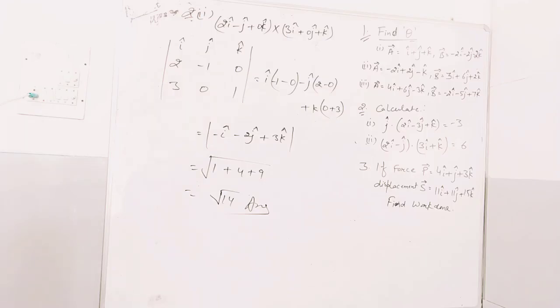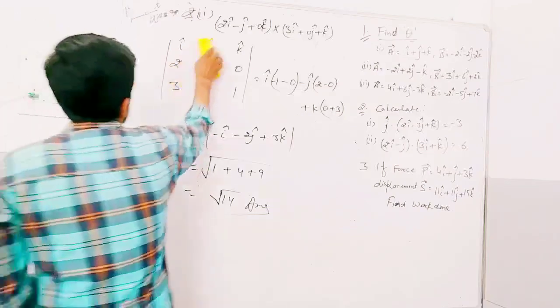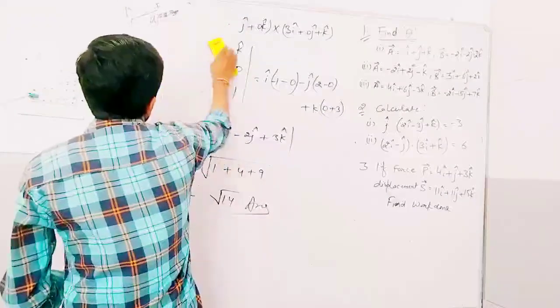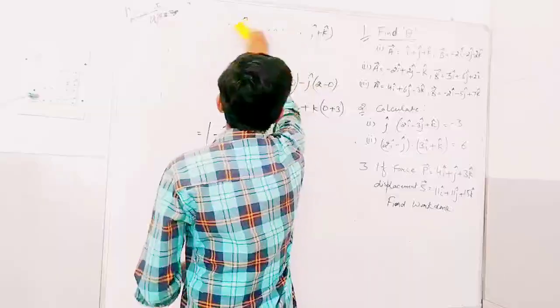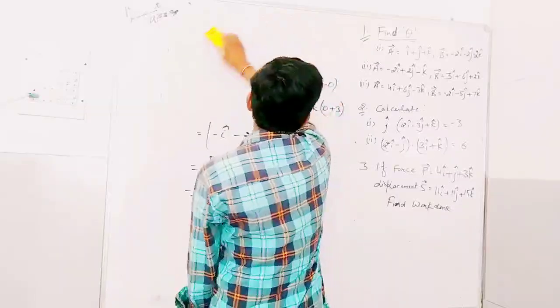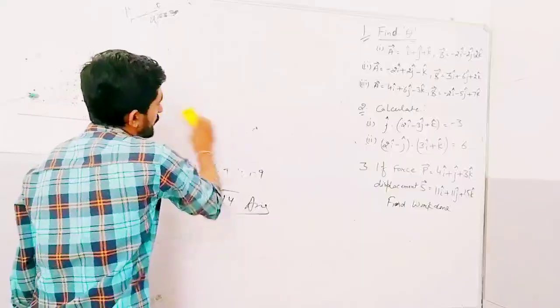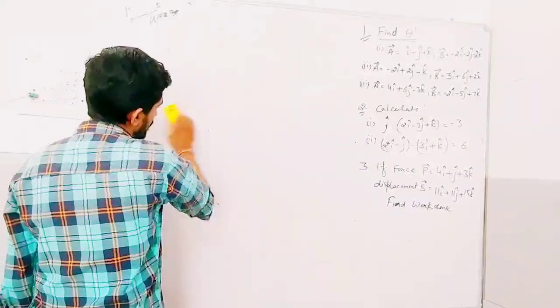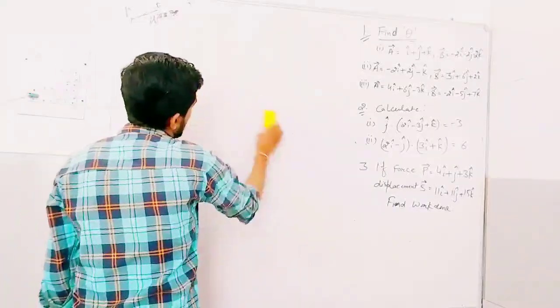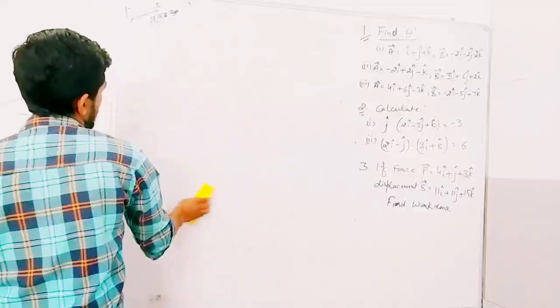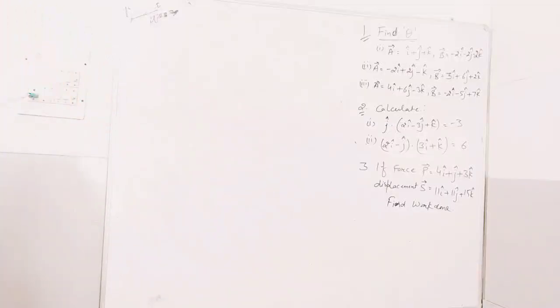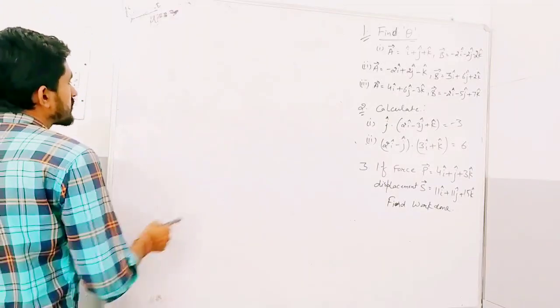For question number 3, we are given a force P in vector form, and the displacement is also in vector form, and we have to find the work done. Work done is force into displacement.